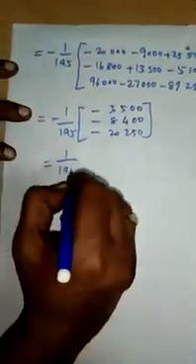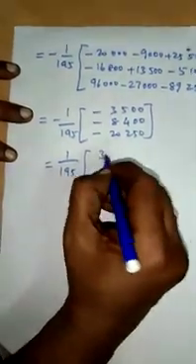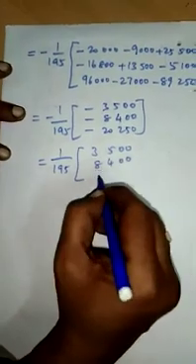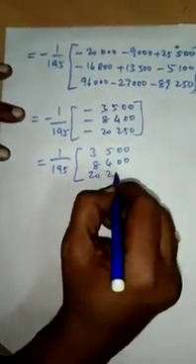That's equal to minus 1 by 195 into 3,500, 8,400 and 20,250.